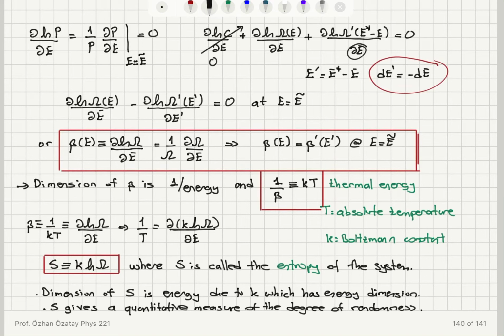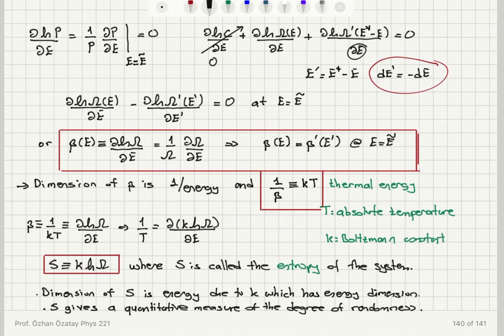And we have defined beta to be del ln omega del E, whose dimension is 1 over energy, because we have a number divided by energy, a change in energy here, delta E, so it's 1 over energy. 1 over beta has the dimension of energy, it's called thermal energy, and we define it to be kT, where T is absolute temperature, k is Boltzmann constant.